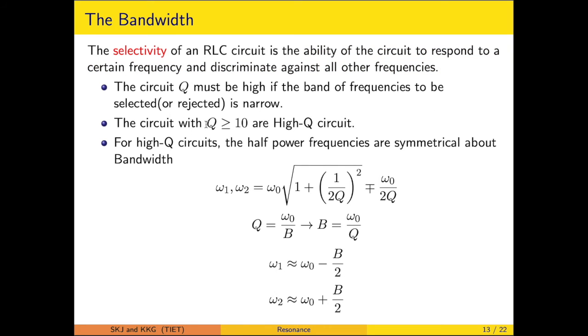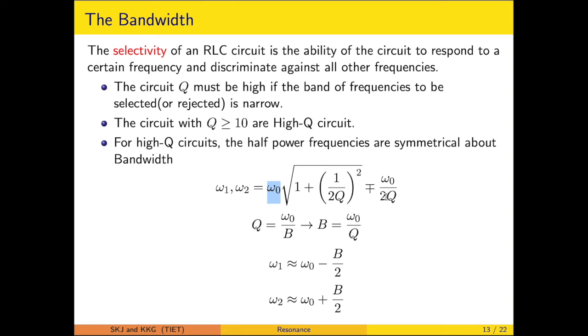Now if the circuit Q is greater than 10, then that is regarded as a high Q circuit. For the high Q circuit, if we have this expression which we discussed in the last slides, then we simply substitute Q greater than 10. So this contribution is approaching 0. Because of that, this results into only the omega 0 value.